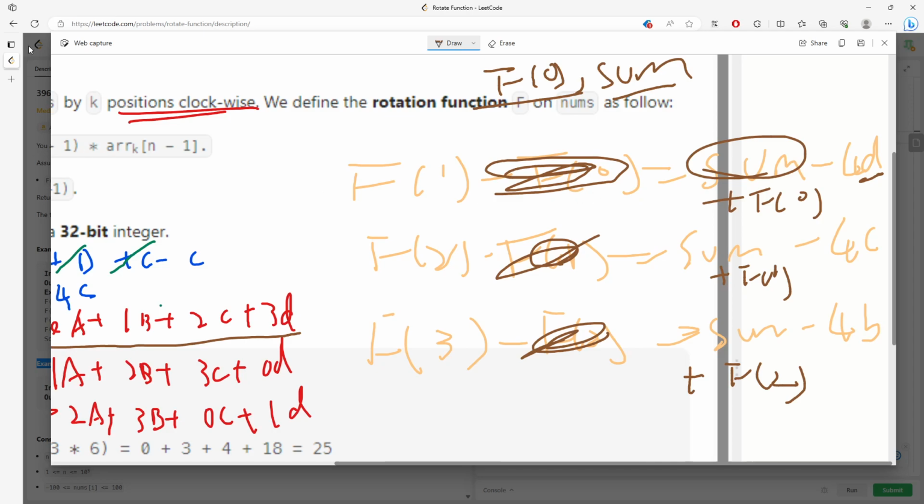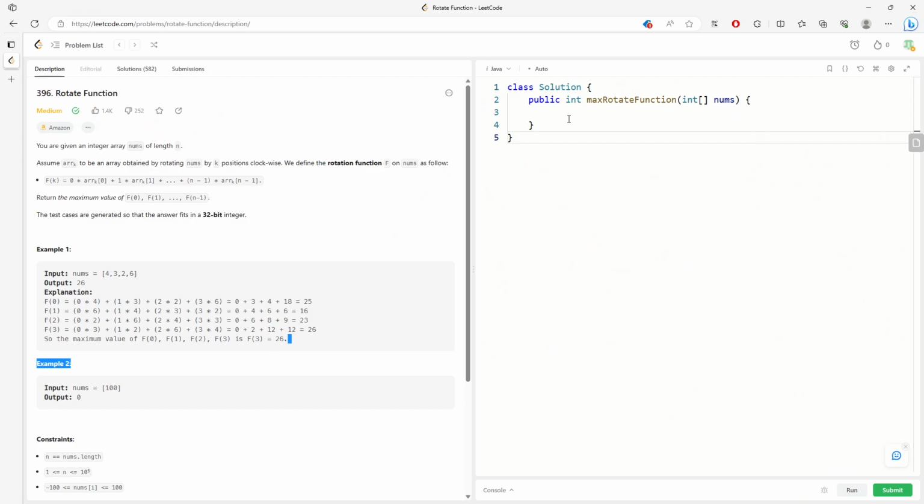Alright, so let's just start coding. So what I have is sum equal to the nums array sum, right? So this is the sum, straightforward enough.